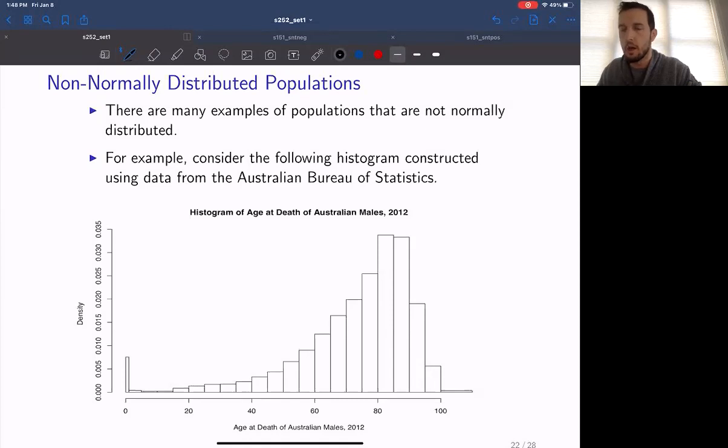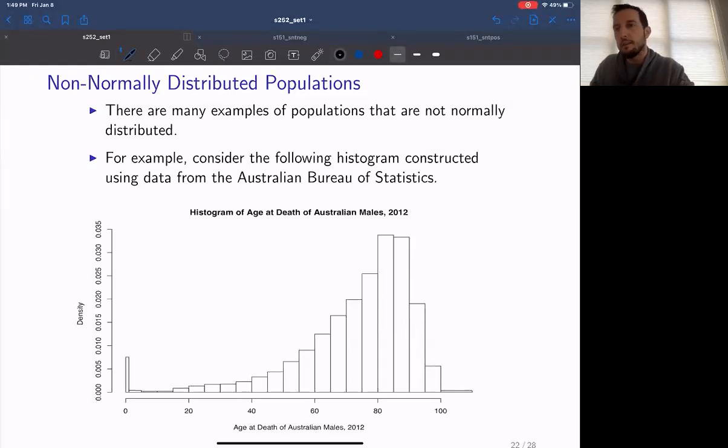Now, in general, the distribution for ages of death are always left skewed, and as time has progressed, the mode has pushed further and further, or gotten higher and higher, which represents longer lives. But in this situation, our population is not normal.